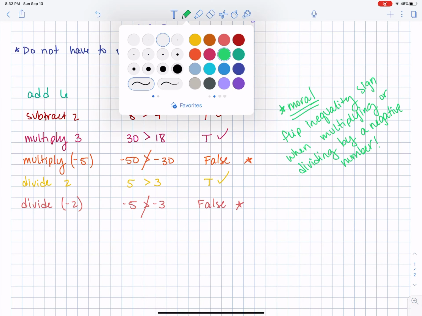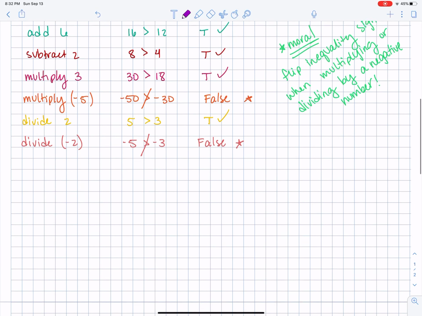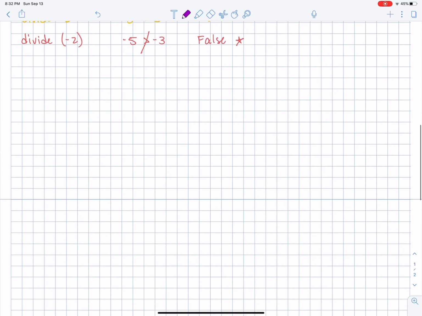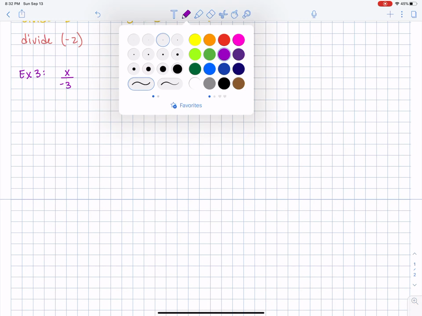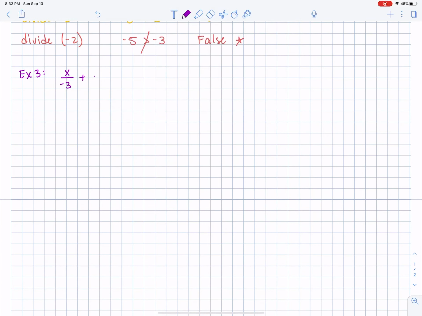So why don't we go ahead and pick up with some of our examples here to prove to ourselves that we definitely have to. So we are on example 3. I'm going to have x over negative 3 plus 9 is less than or equal to 15.